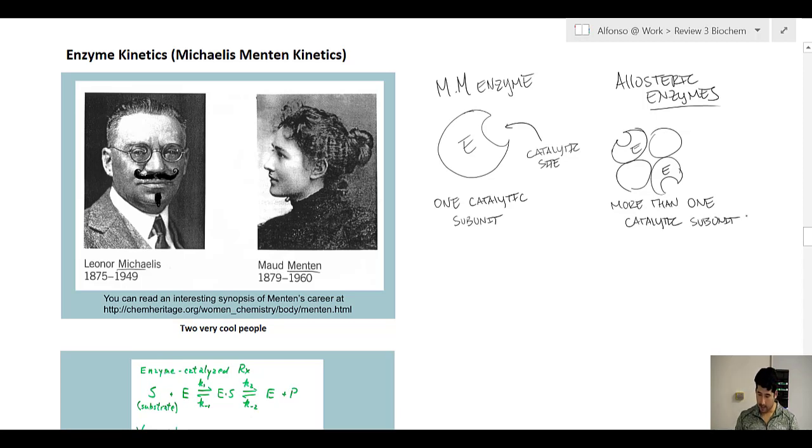All right. That's a very big differentiation between Michaelis-Menten enzymes and allosteric enzymes. So allosteric enzymes have more than one catalytic subunit. Michaelis-Menten enzymes, only one catalytic subunit, but they can have more than one active site.